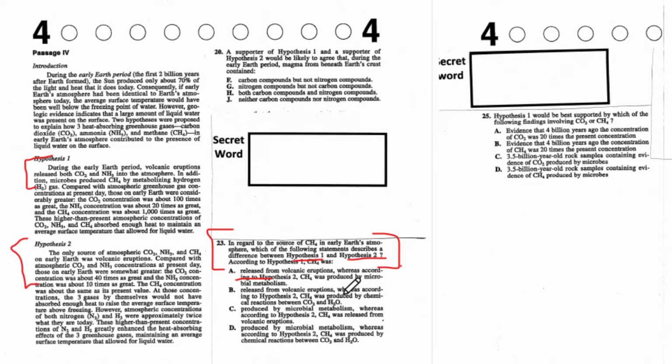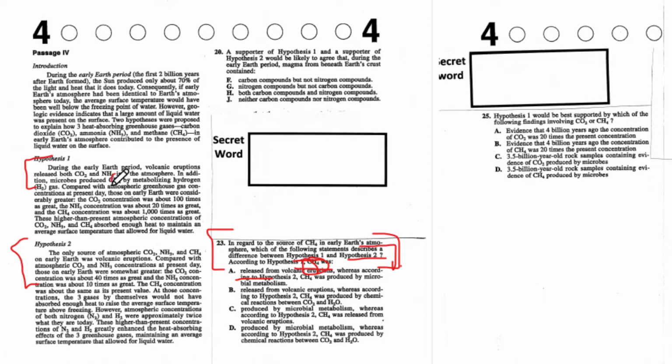All right, first thing we do here is read the bottom part, starting with described to the bottom. All right, and it says describe the difference between hypothesis 1 and 2. Hypothesis 1 does what with the CH4? So I got CH4 here, and I know that we're going to have to find that.